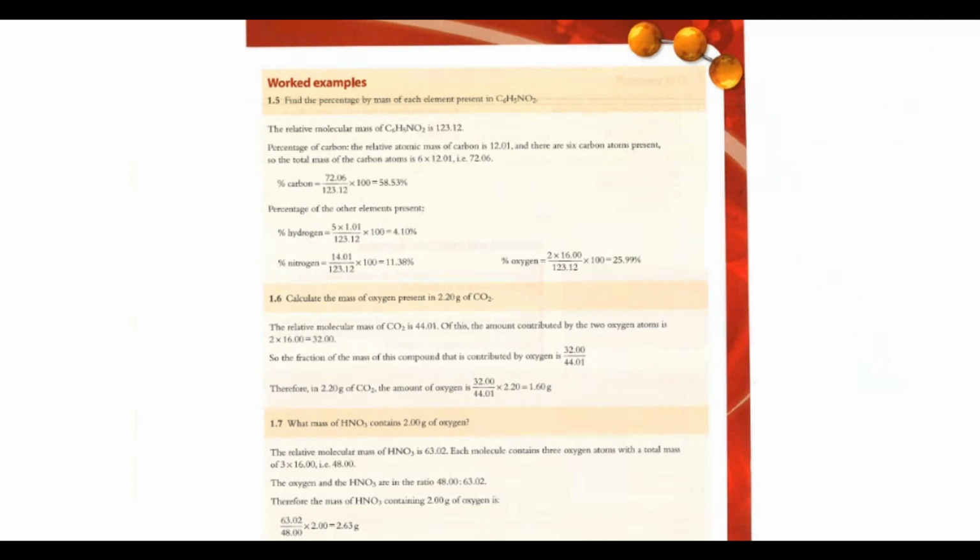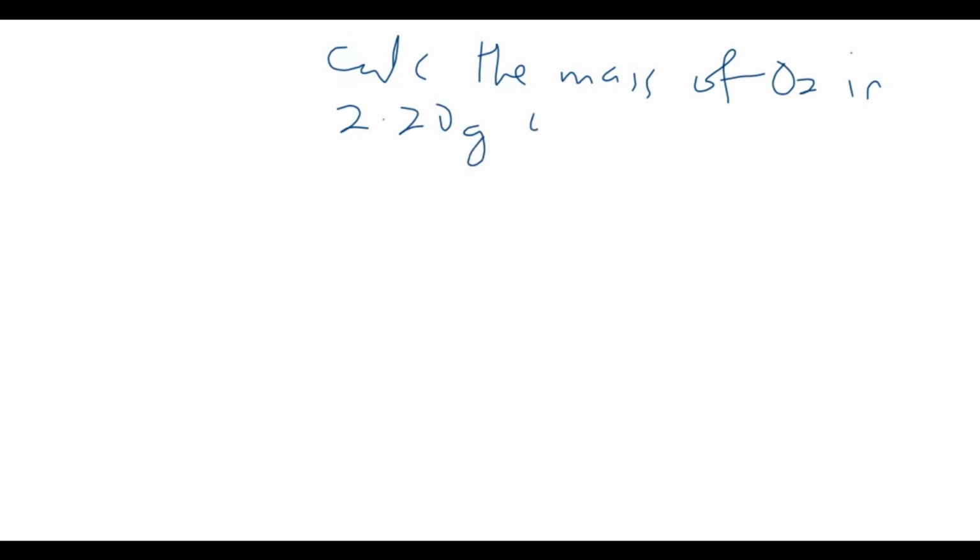Calculate the mass of oxygen in 2.20 grams of carbon dioxide. Okay, calculate the mass of oxygen in 2.20 grams of CO2.